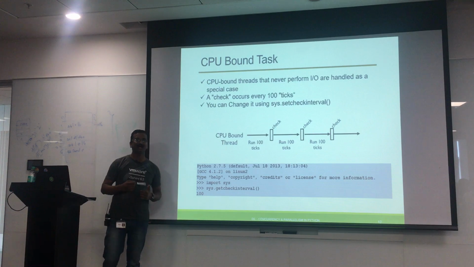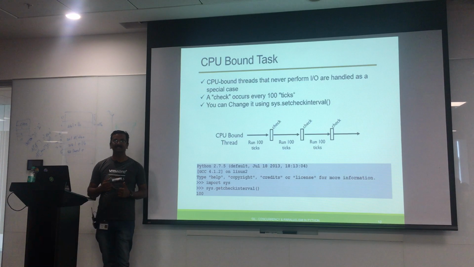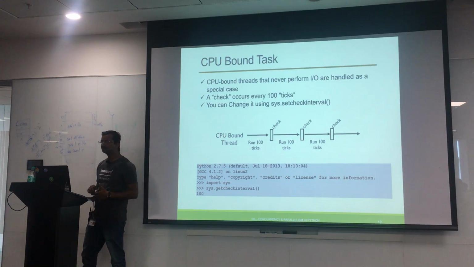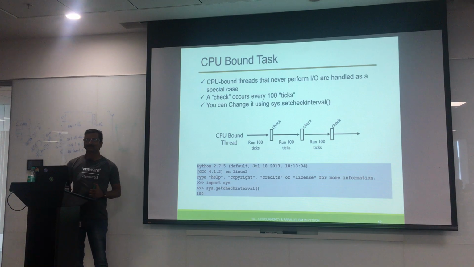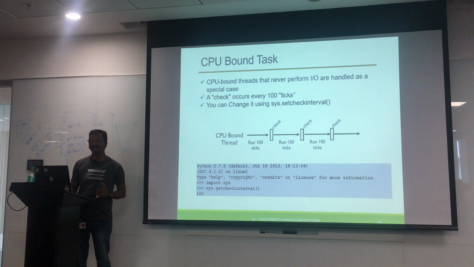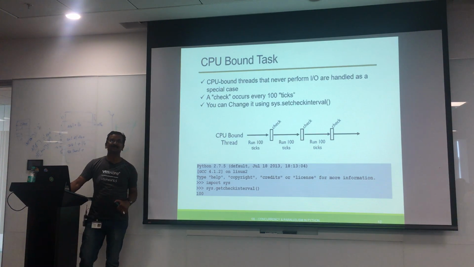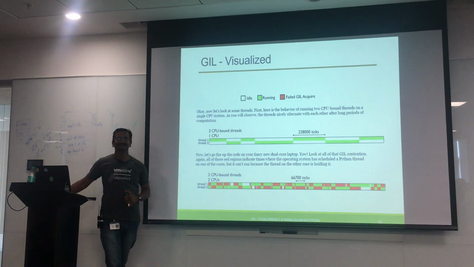Every 100 ticks, the default is 100, you can set it, it checks whether the GIL is available to it. I want that GIL, I want that GIL. And in terms of getting that GIL, a lot of battle is happening.